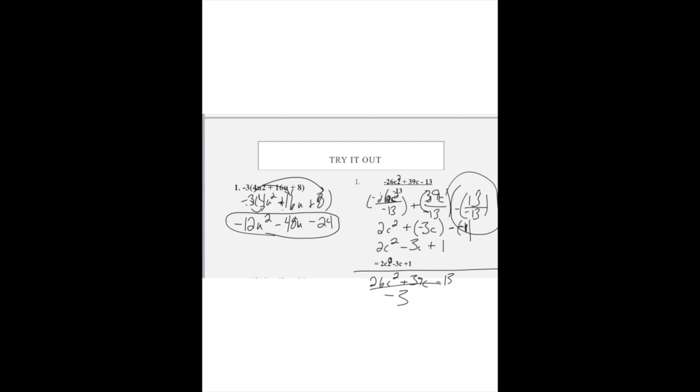Negative 26c squared divided by negative 13 will give us 2c squared. Then positive 39 divided by a negative 13: positive divided by negative gives a negative, and 39 divided by 13 is 3. So negative 3c. And then finally, you have negative 13 divided by negative 13.